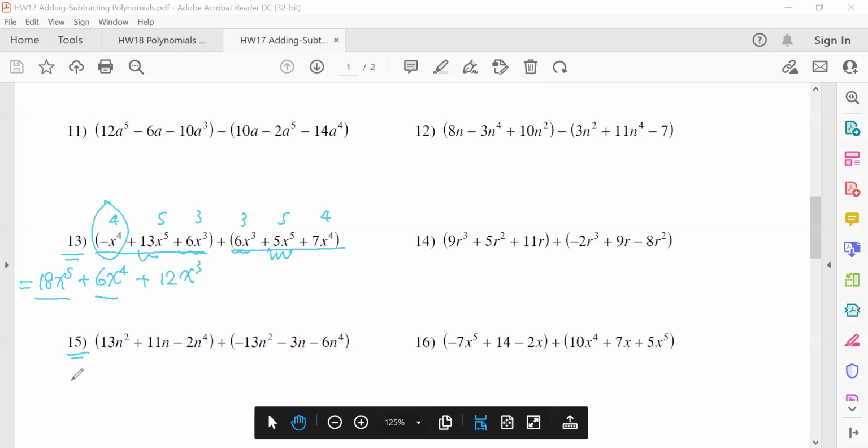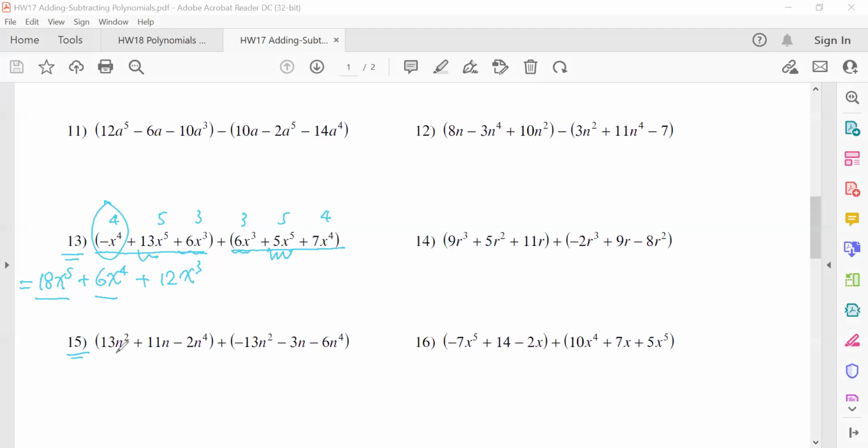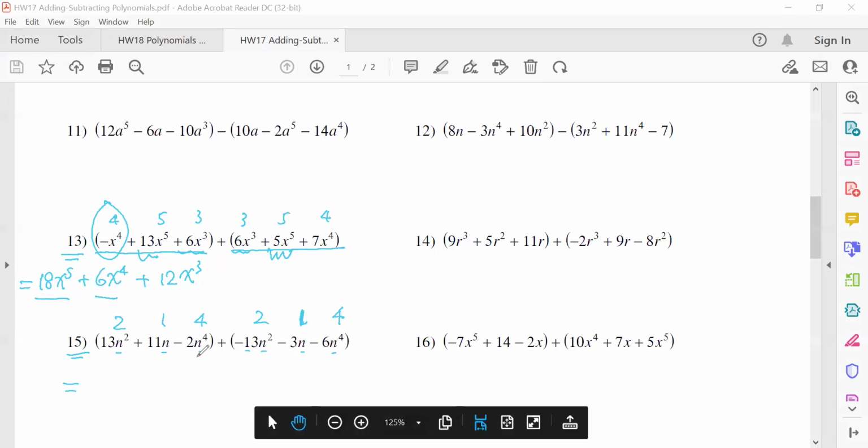15 here. You can see all the expressions here have only one variable, n, right? So this degree is 2, this degree is 1, and this degree is 4, right? And degree 2, degree 1, and degree 4. So we can find the maximum one first, degree of 4. So you get negative 8n to the power 4. There's no degree of 3. We leave space here. With a degree of 2, here it became 0, right?